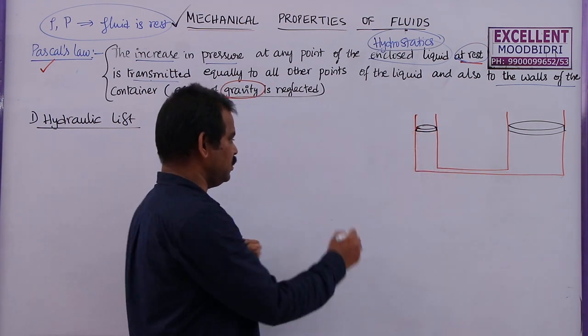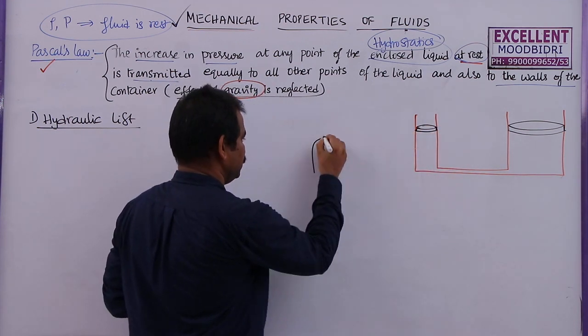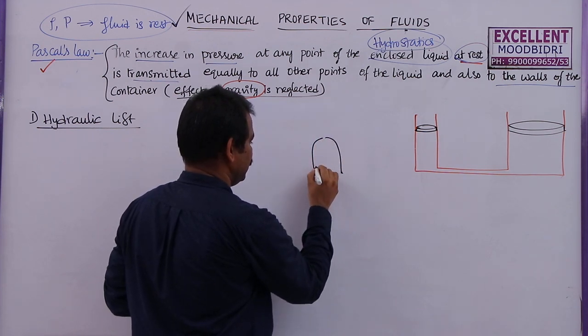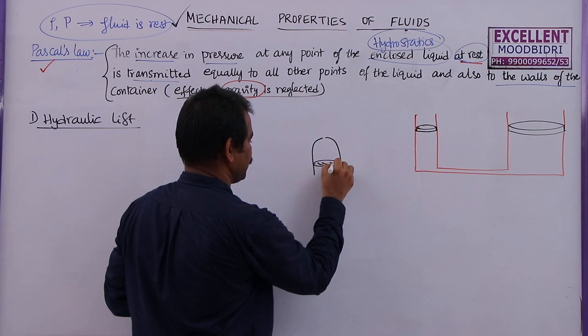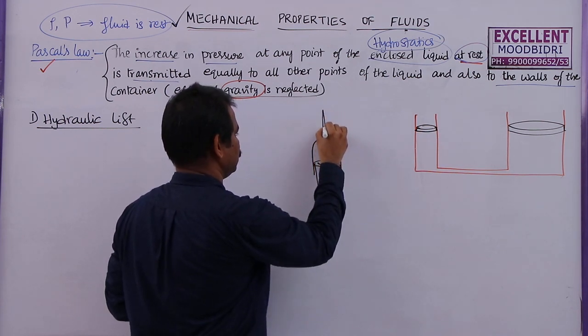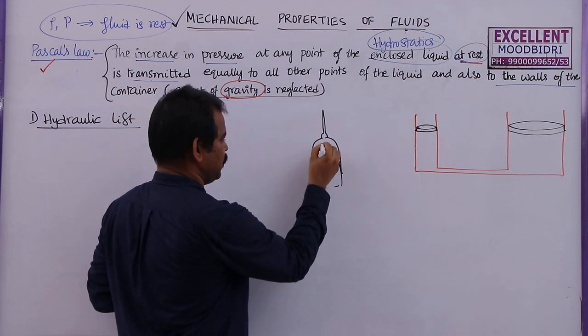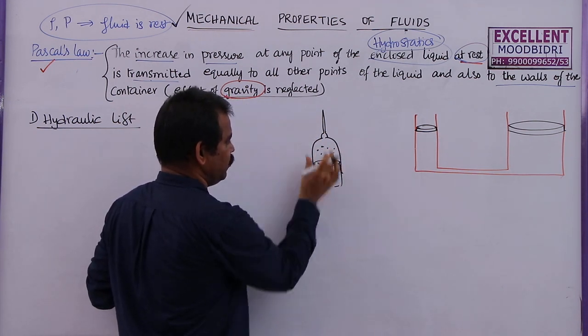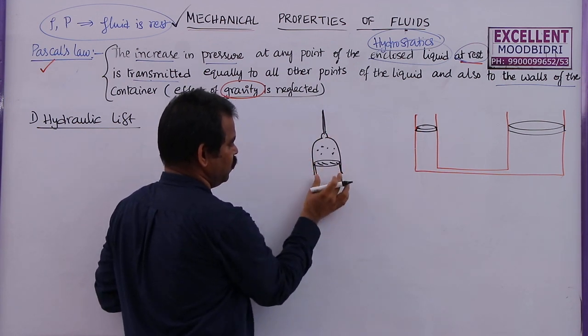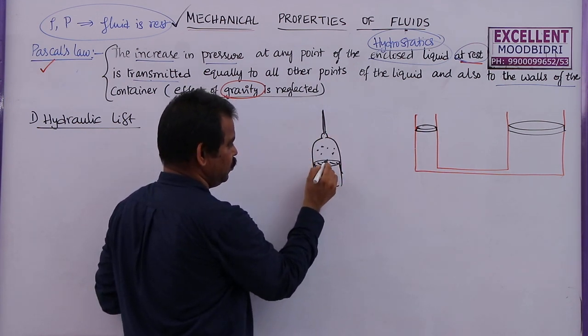Just like in our injection syringe, we have a cylinder here and inside we have a piston. After filling the medicine here, we inject it into the patient's body by moving this piston into the cylinder.